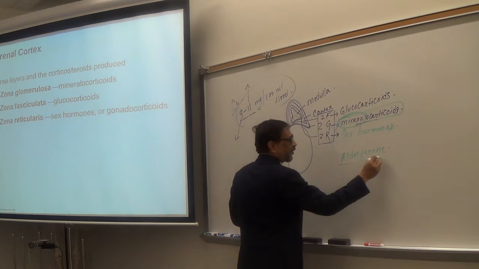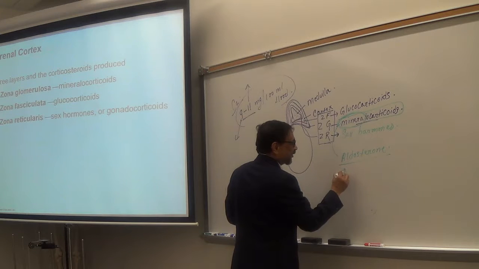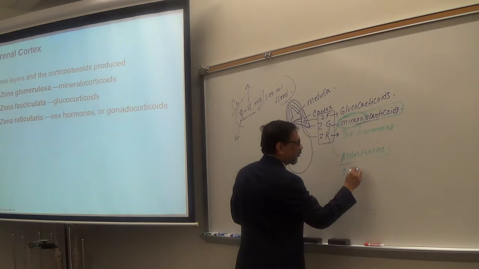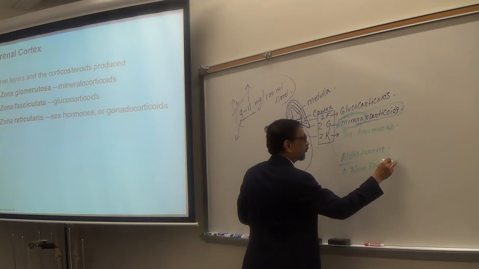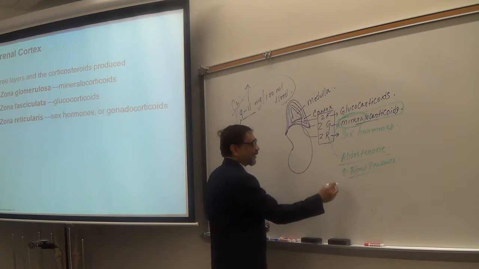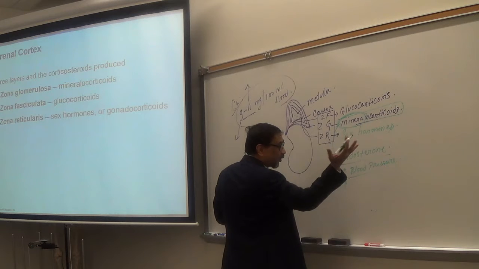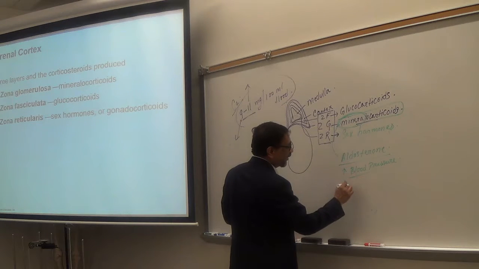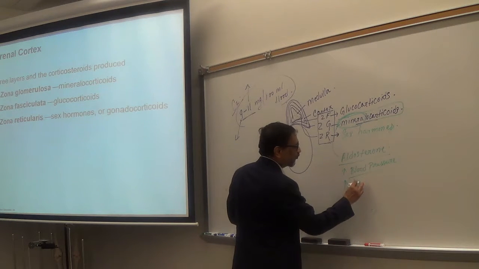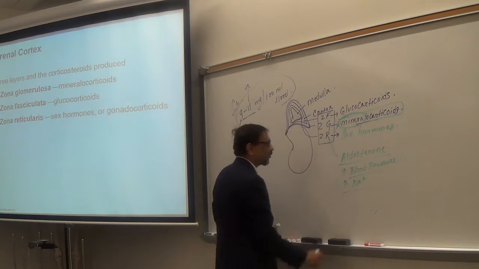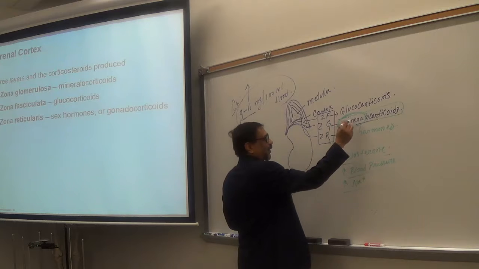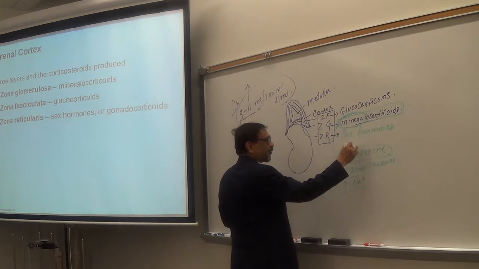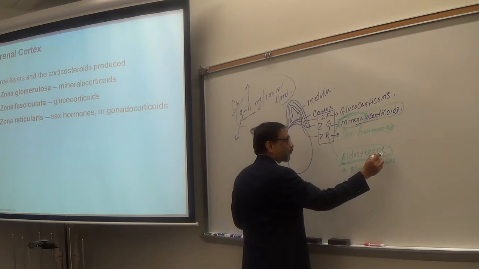Okay, aldosterone increases blood pressure, by increasing sodium in the body. So that is aldosterone, the most important mineralocorticoid.